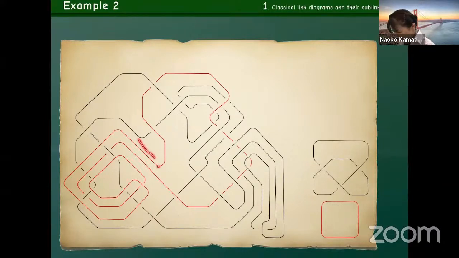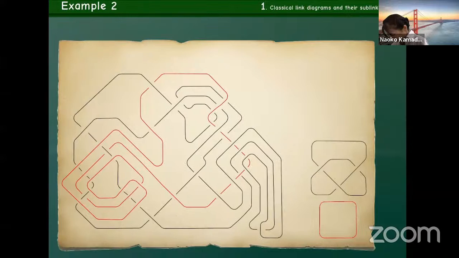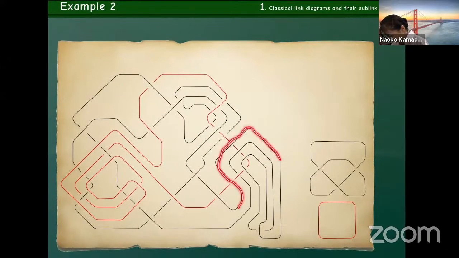The overpass moves like this. The underpass, this is making a classical crossing. They are all overpasses of the red one. And this one moves like this, making an underpass. And this moves to this one, which is always making the overpass.